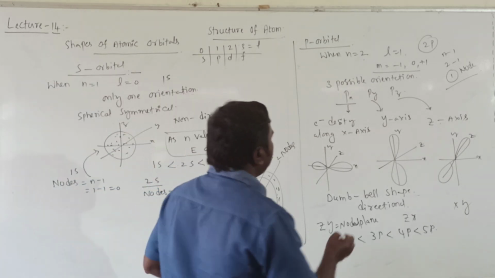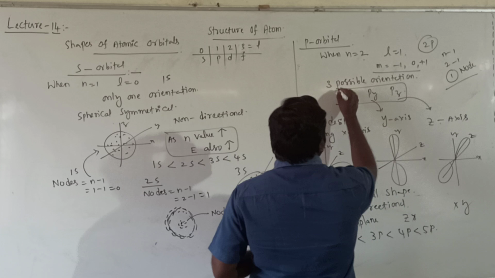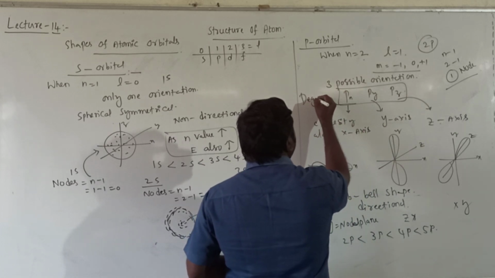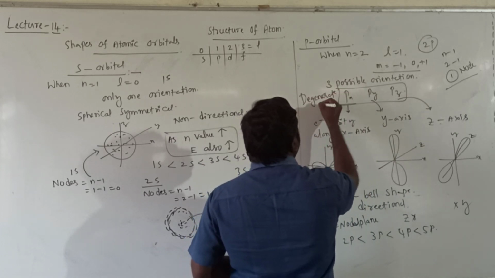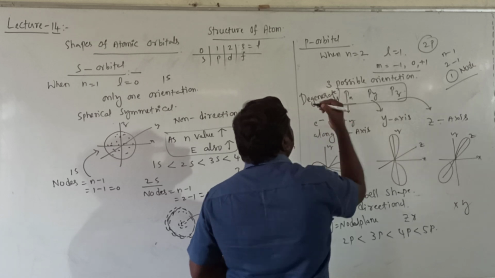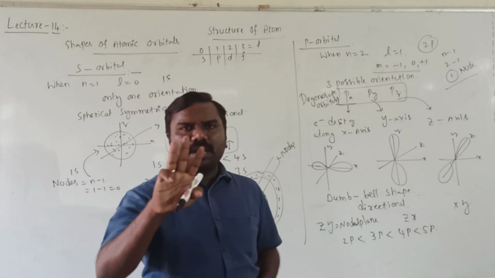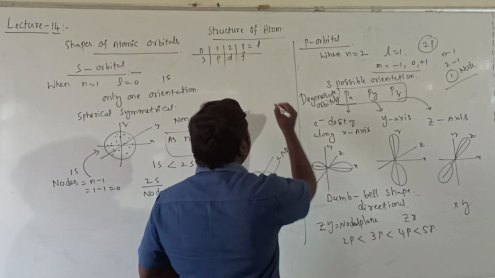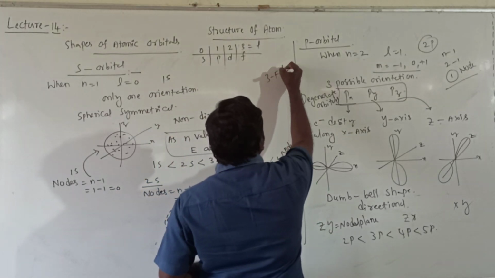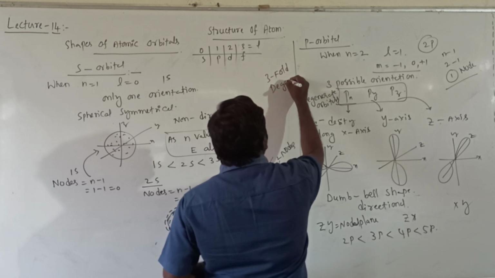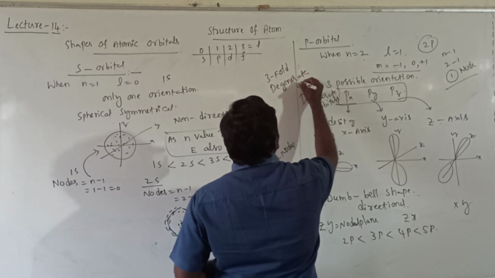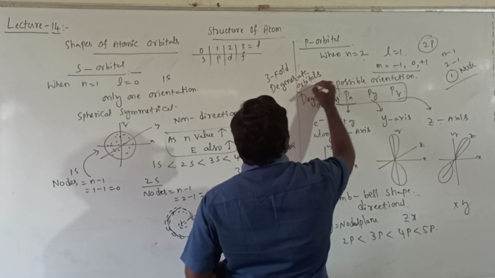And px, py, pz orbitals have the same energy. That's why degenerate orbitals. The orbitals with the same energy are called degenerate orbitals. There are 3 orbitals, that's why these are named 3-fold degenerate orbitals.